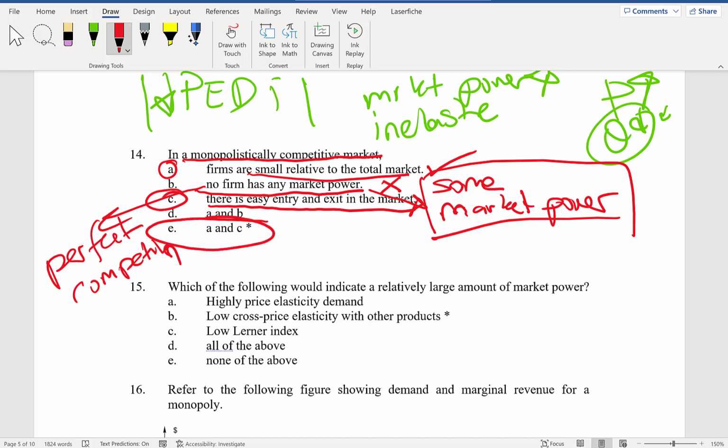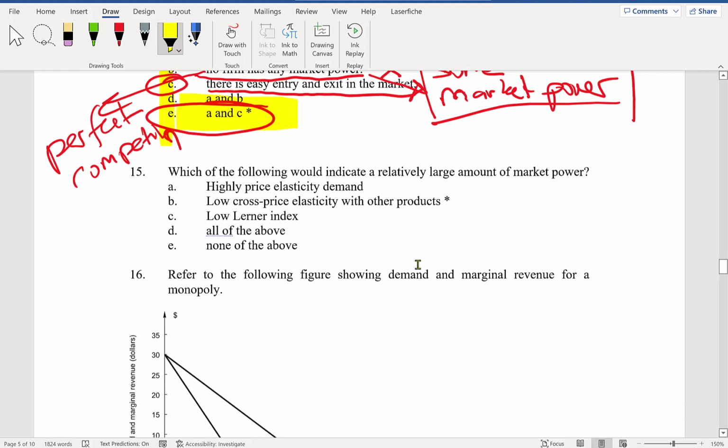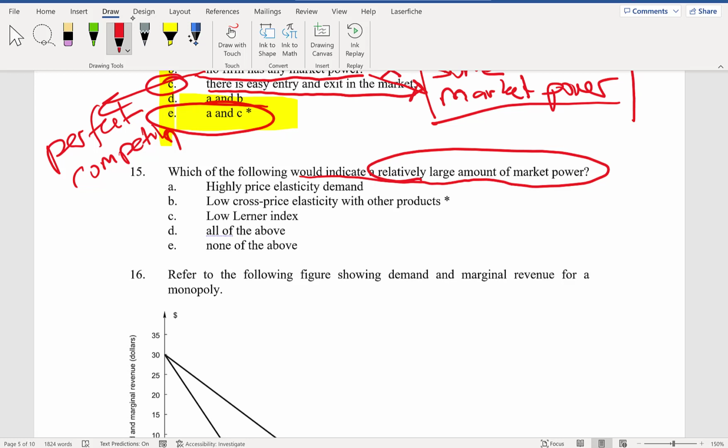This question and all other questions show you the importance of reading all the options. Question number 15. Which of the following would indicate relatively large market power? So large market power, Lerner index needs to be high.